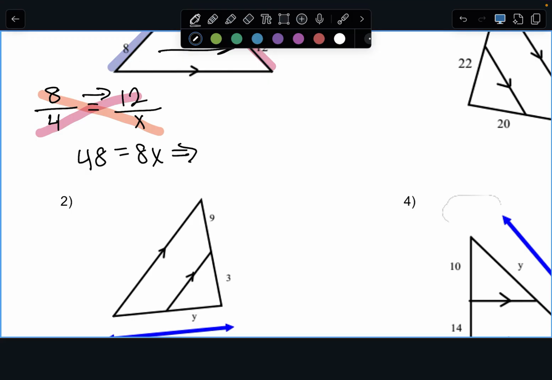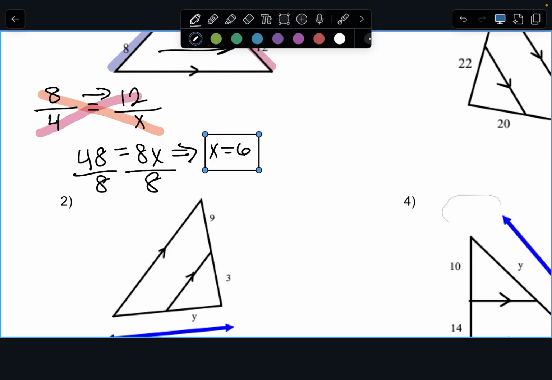How do I solve for x here? Divide by 8. 48 divided by 8 is 6. So x is equal to 6. Questions on that one?